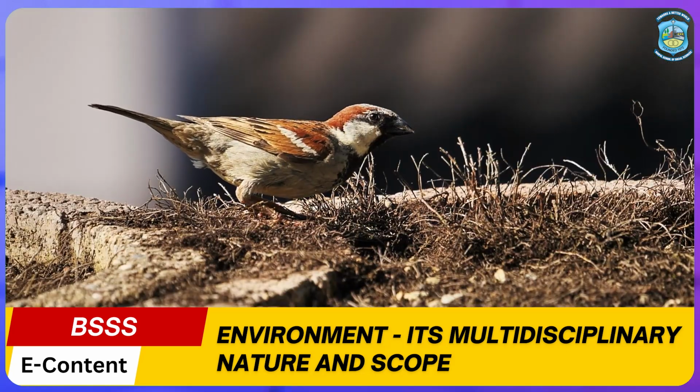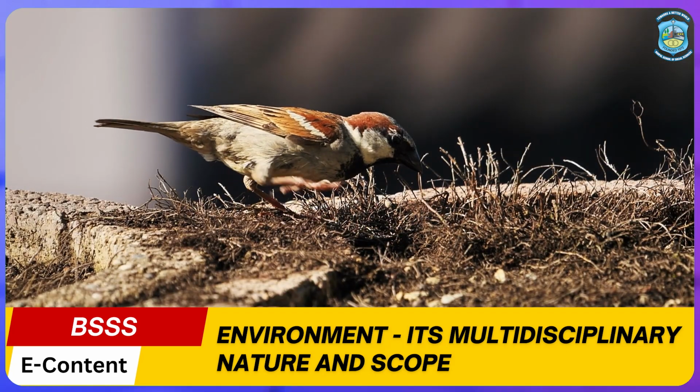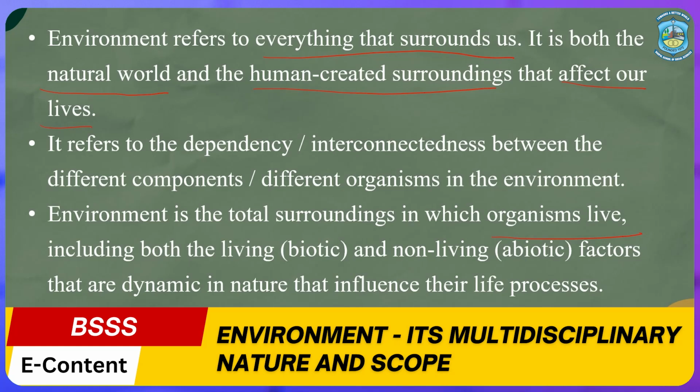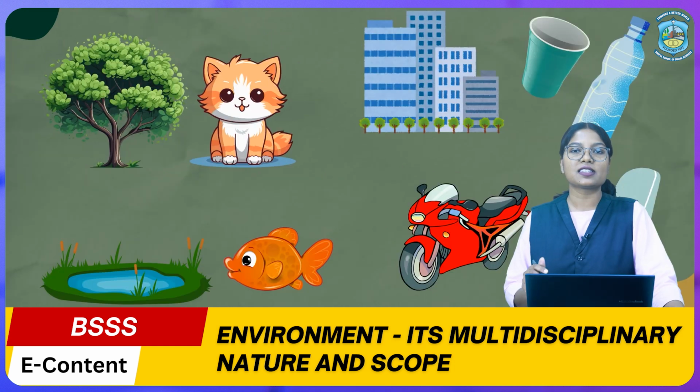Environment is the total surroundings in which organisms live, including both the living, that is also called biotic, and non-living factors, that is called abiotic, that are dynamic in nature and influence their life processes. Let's understand this with a few pictures here.